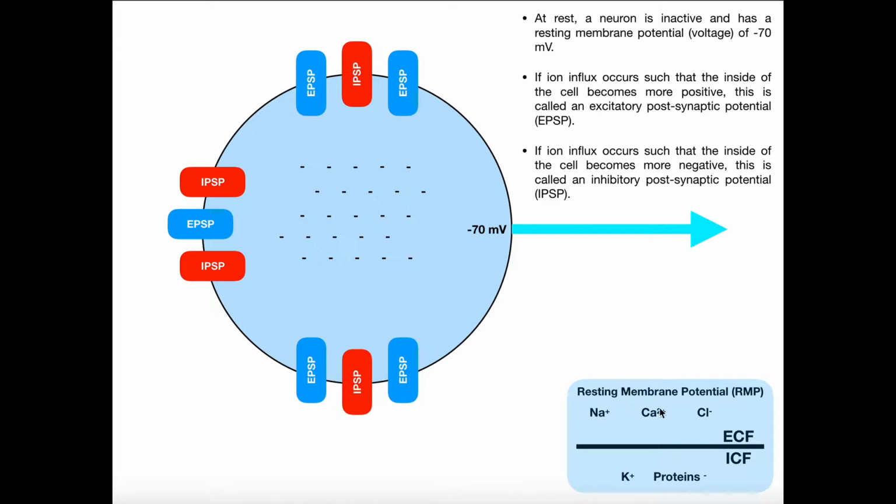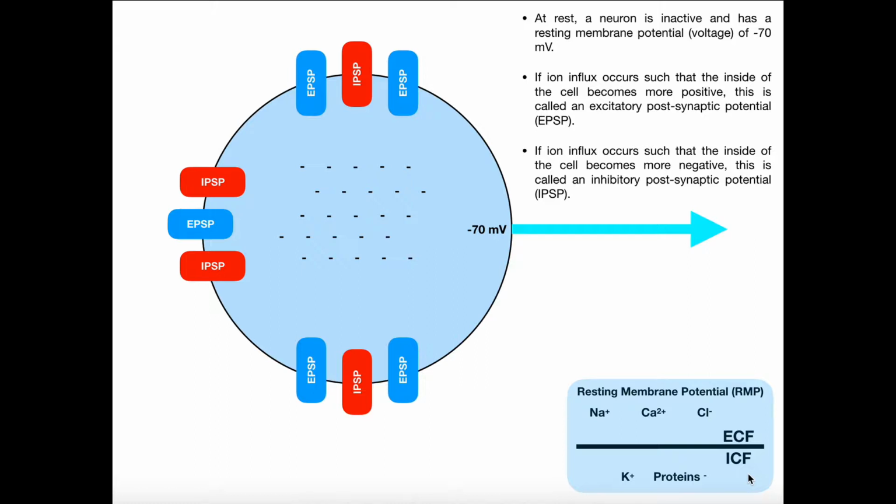Now, what is resting membrane potential? When a neuron is at rest, meaning it's not conducting action potentials, or we can say the neuron is not activated, it is at rest. At rest, we have a certain distribution of ions in the extracellular fluid, which is outside the cell, and the intracellular fluid, or ICF, inside the cell.